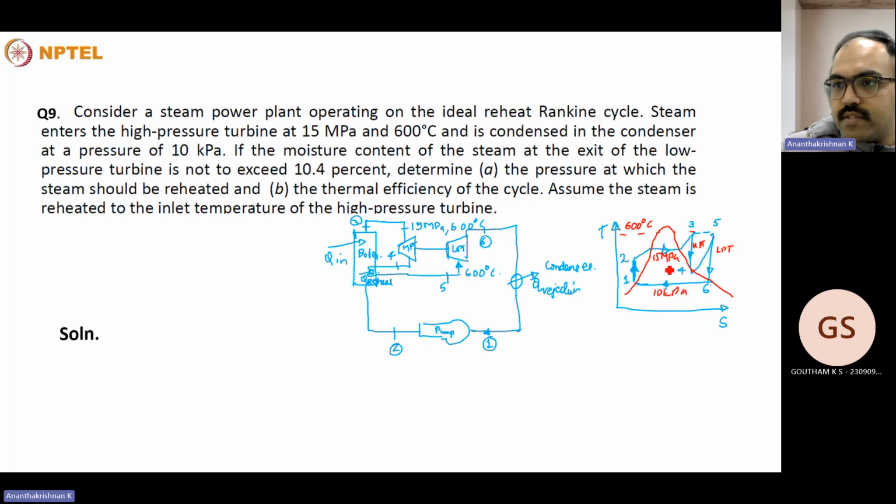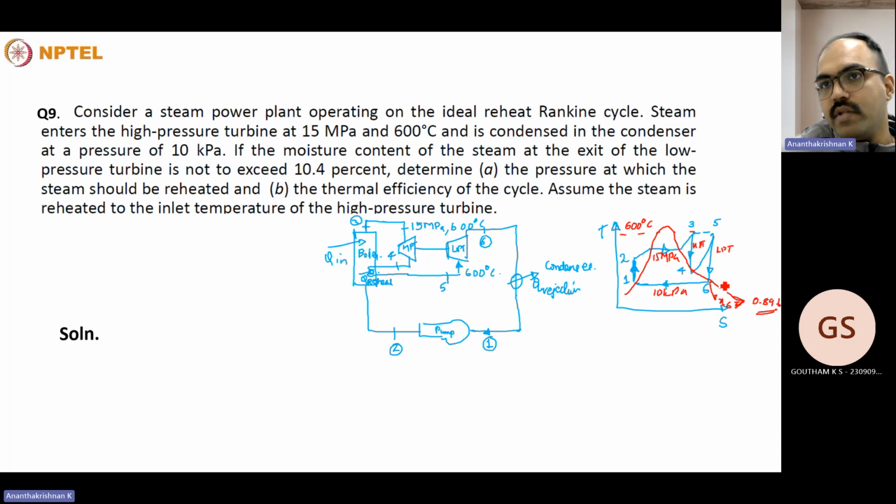If the moisture content of the steam at exit of the low pressure turbine is not to exceed 10.4 percent, so we have got an additional information: X6, the quality, should be greater than 89.6 percent, or 0.896. So that is the minimum quality that it can have.